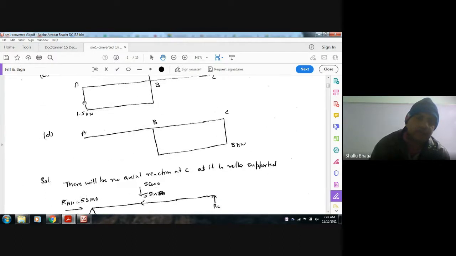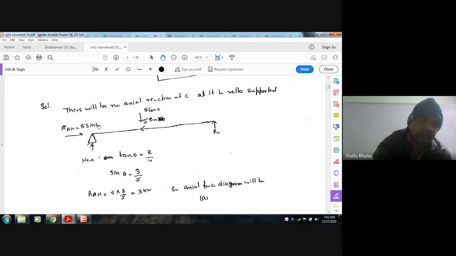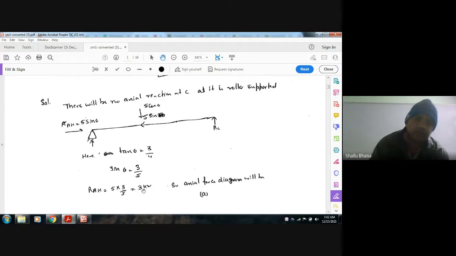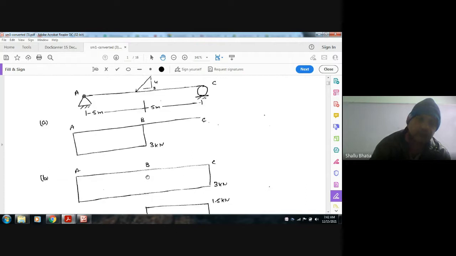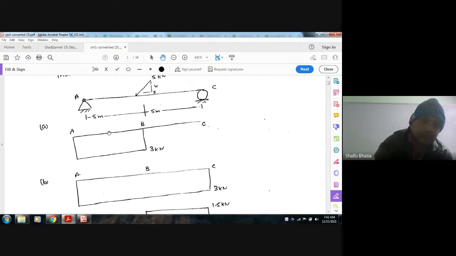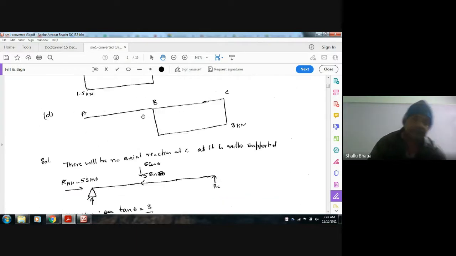RAH is equal to 5 sin theta, the horizontal component, and sin theta is 3 by 5. So RAH is 3 kilonewton. The answer is A, because the axial force becomes 0 at B, it is 3 kilonewton and becomes 0.